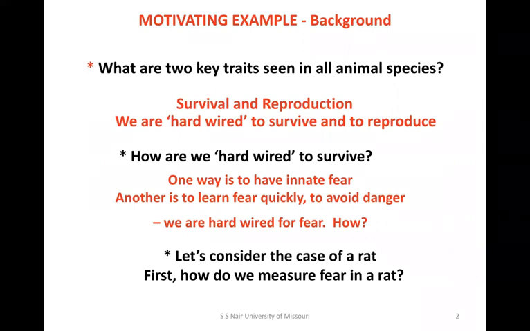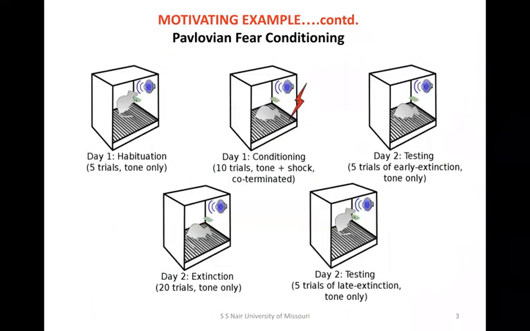So let's consider now the example of a rat learning to fear shock. So how does a rat learn to fear quickly? So what happens on day one? As you can see in this schematic, you have a rodent in a chamber, and it hears a high-pitched tone.